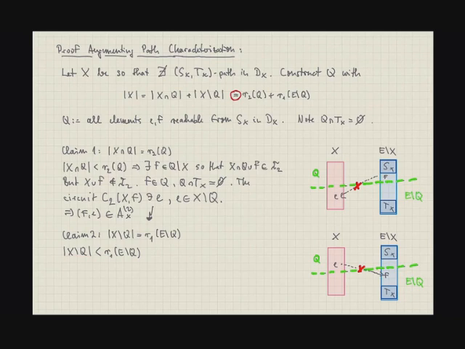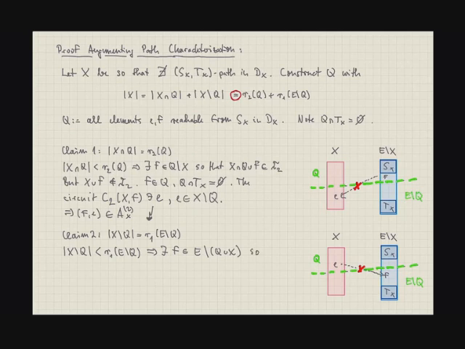So that gives me the existence again of an element F, which is now contained in E without Q, but also not in X.